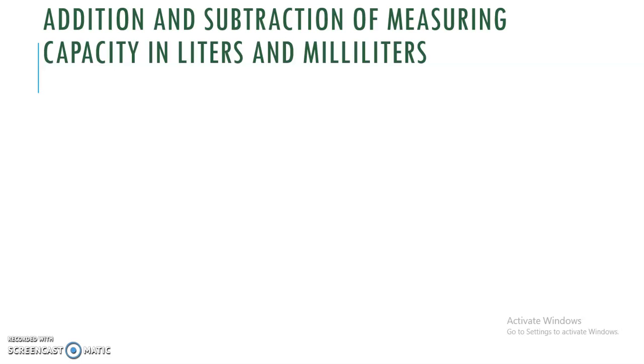Now to the mathematical aspects, which involve the addition and subtraction of capacity in liters and milliliters. Here's an example. To add 525 milliliters and 275 milliliters.